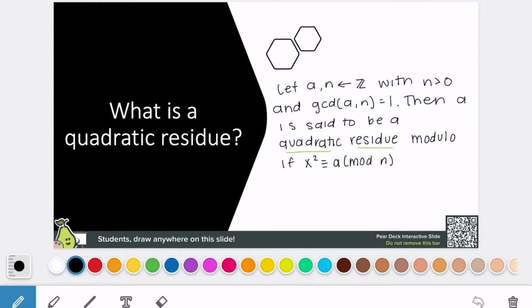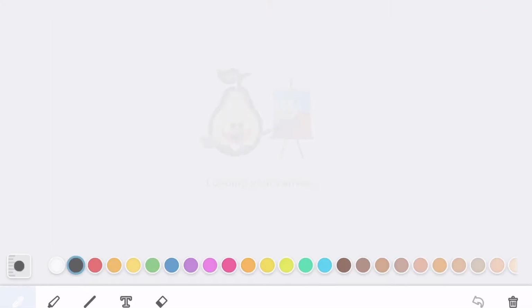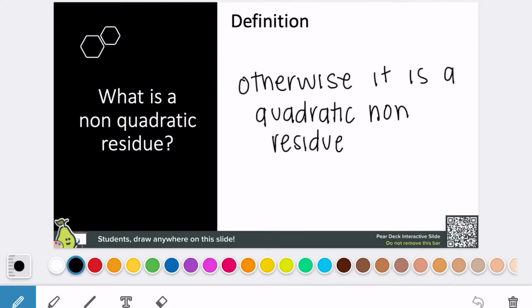Then A is said to be a quadratic residue modulo n if x squared is congruent to A mod n is solvable. So the key word here is "solvable." If it's solvable, then it is a quadratic residue. So what is a non-quadratic residue? If it is a non-quadratic residue, it is non-solvable, so it would not be able to have a solution.